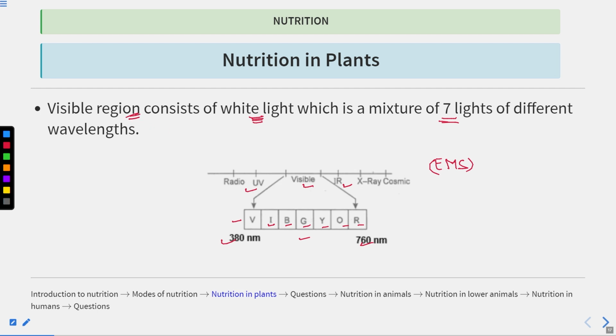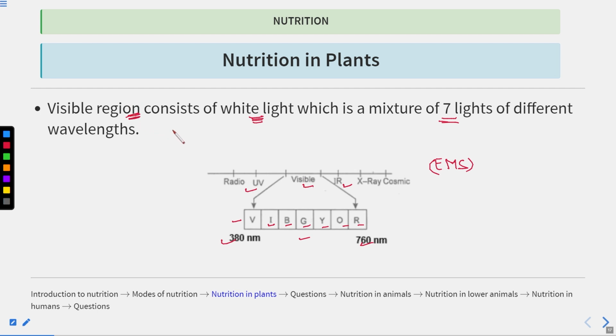Now, what is this visible region? How can you define it? The visible region of the electromagnetic spectra is known as the visible region. This is the region which is perceived by the human eye. That's why it's known as visible.